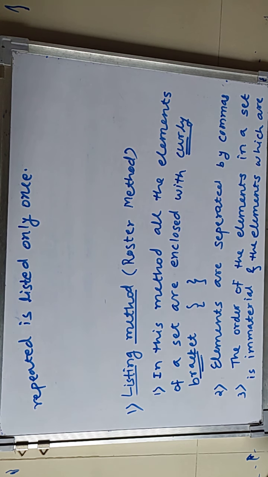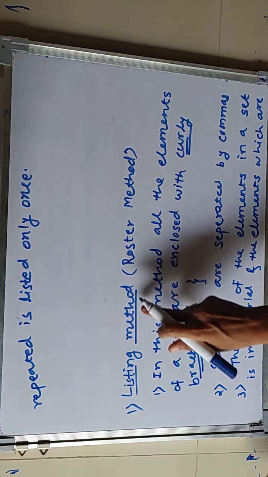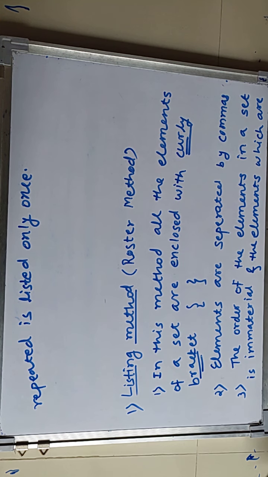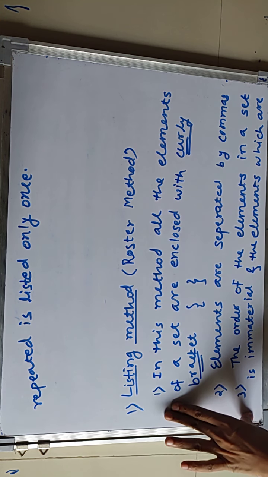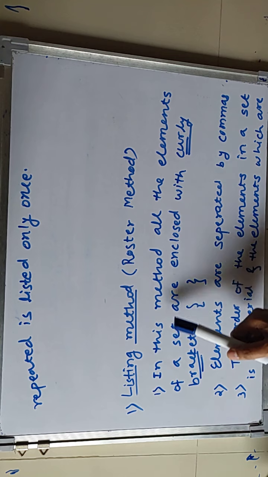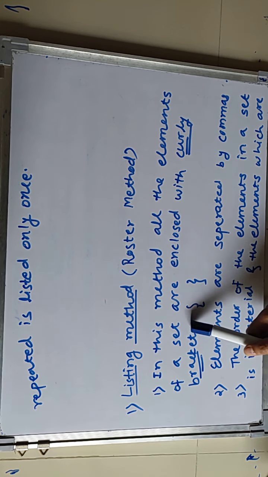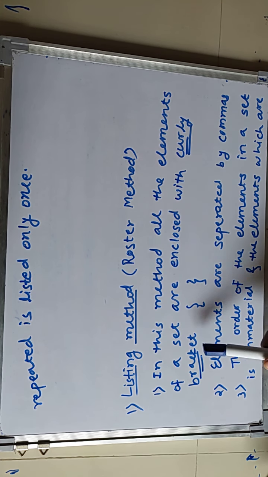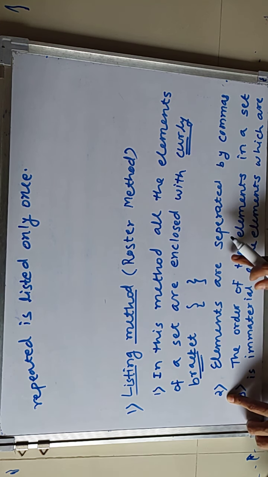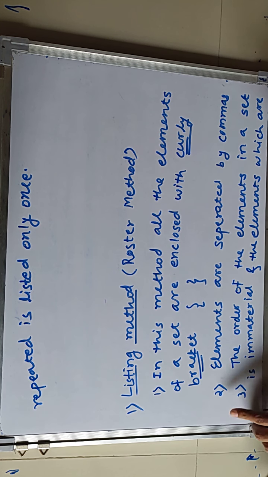These are the three rules for the listing method or roster method. First point, in this method all the elements of a set are enclosed with curly brackets. Then second, the elements are separated by commas. You have to give commas in between elements.